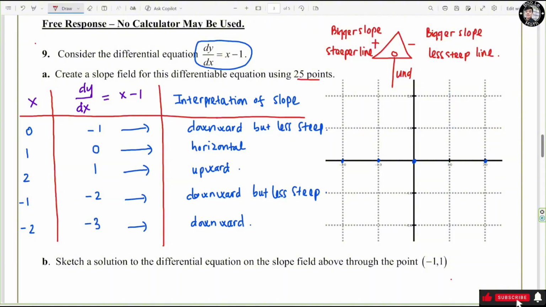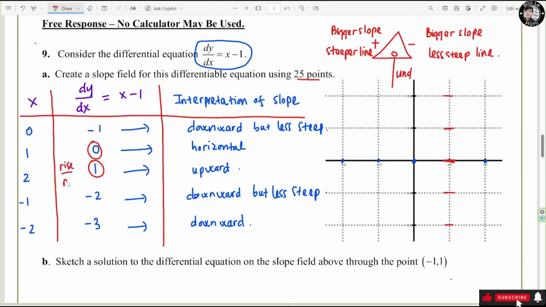Now we're going to sketch the slope field for this one first. So x equals 1, the slope is 0. So no matter what the y value is, you always have a 0 slope right here. Now x equals 2, the slope is 1, which means rise equals 1 and run equals 1.